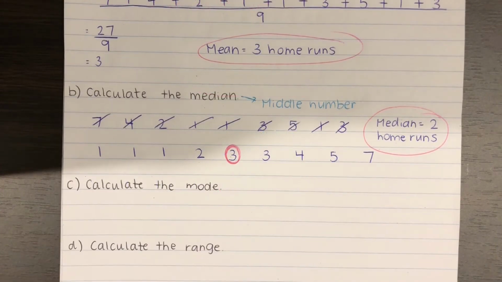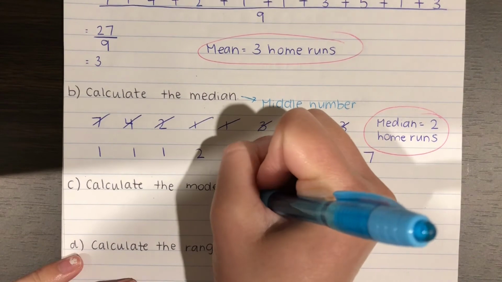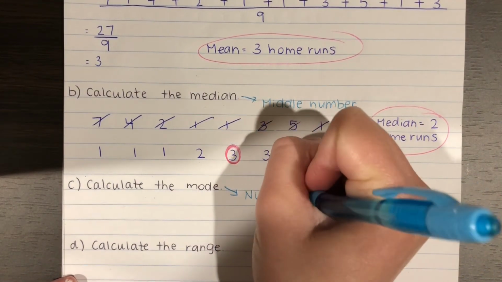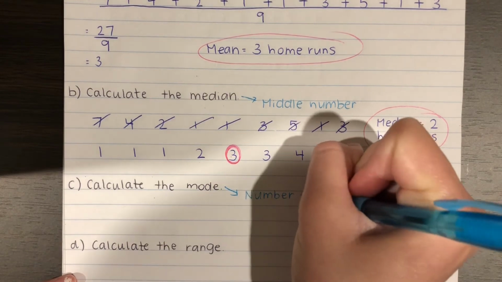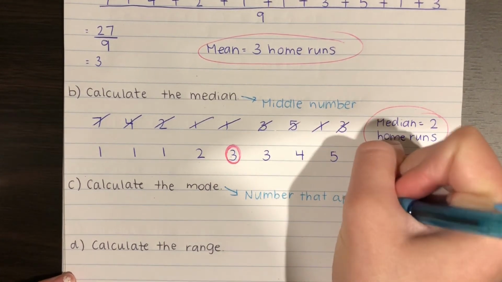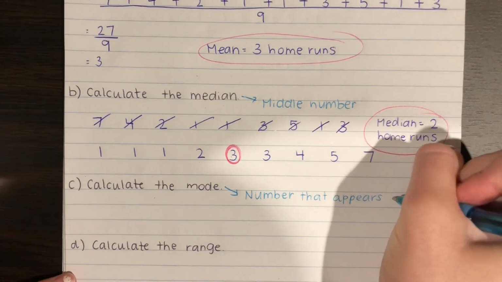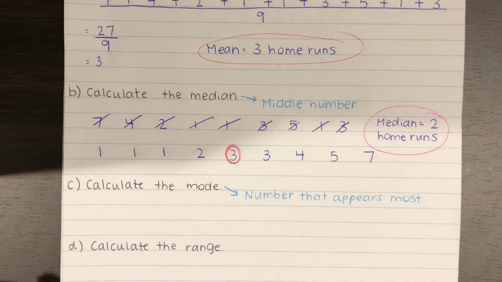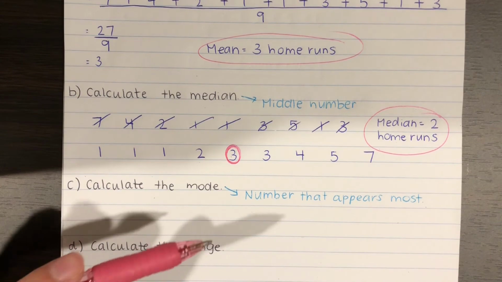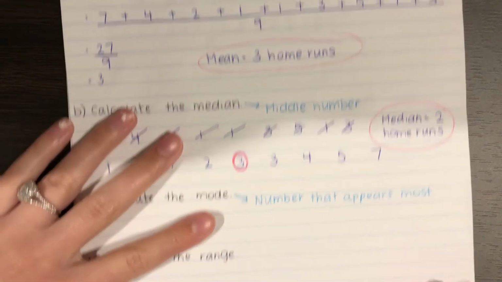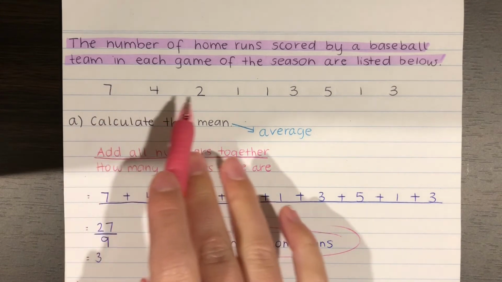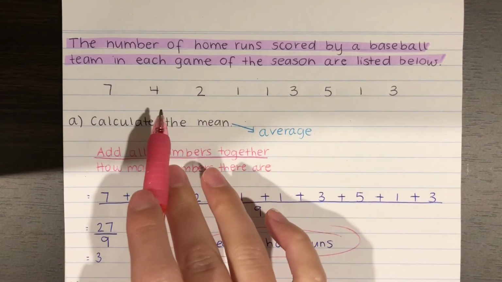The mode, and the mode means the number that appears most. So whichever number you see the most amount of times. Let's go back to our original numbers. Which number pops up the most?